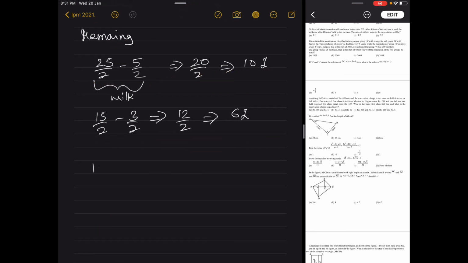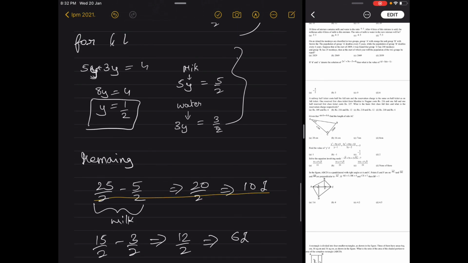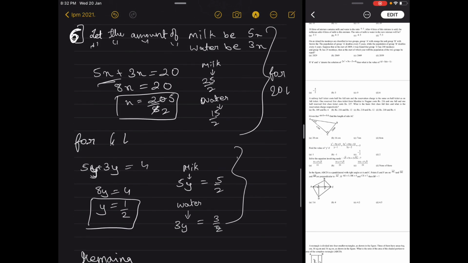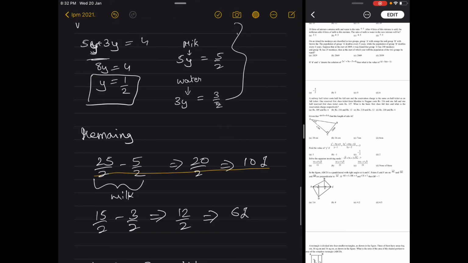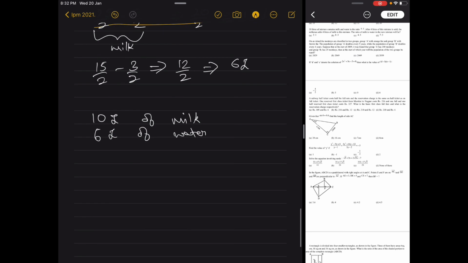So now 10 liters of milk and 6 liters of water is there in the mixture, right? You could also take the remaining by equating, the same way we did in these two steps, but taking 16 instead of 4 and 20, then also we would get this.